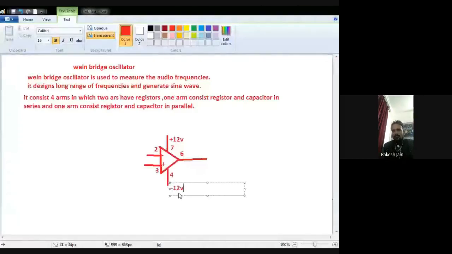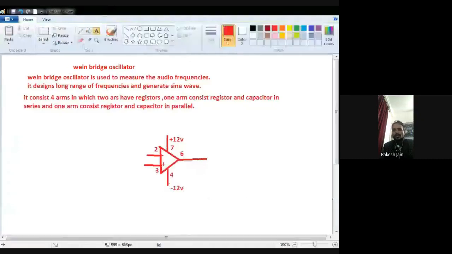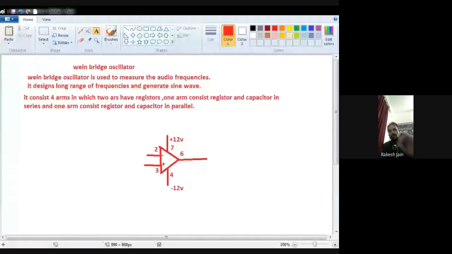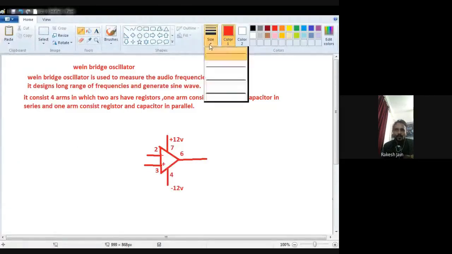From pin 6 we will take the output because it is an operational amplifier circuit, but we are going to design a Wien bridge oscillator. It means we require 4 arms, in which 1 arm consists of a resistor and a capacitor in series.